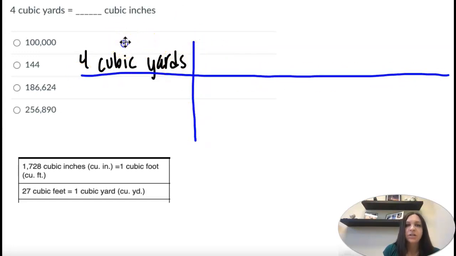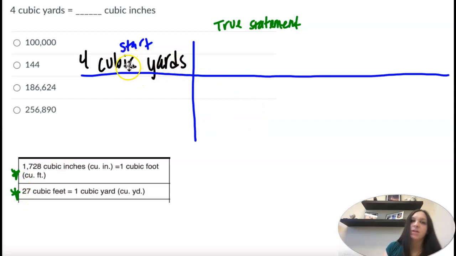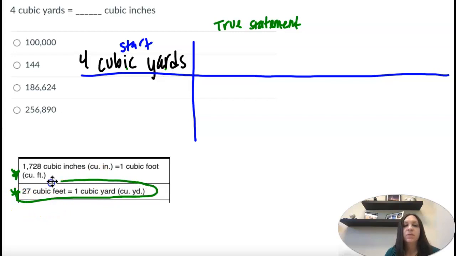Okay, so this is our start. And then right here, we want to put the true statement, which is one of these. Okay, and we're going to start with the one that has cubic yards. So this one. And what we want is we want the units to be diagonal. So I want cubic yards down here.